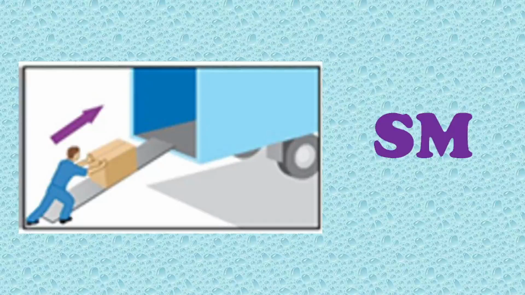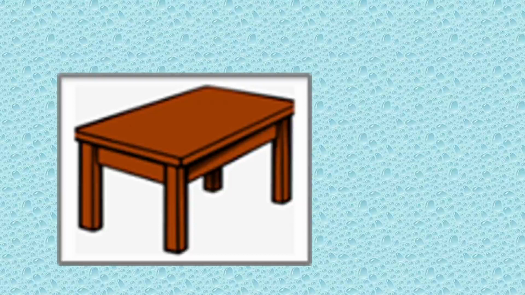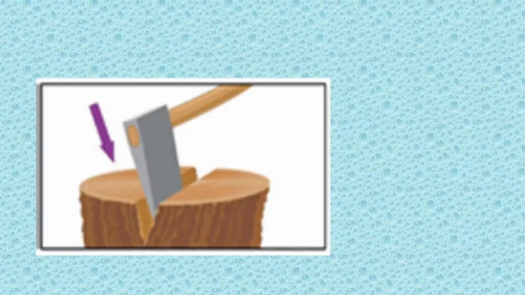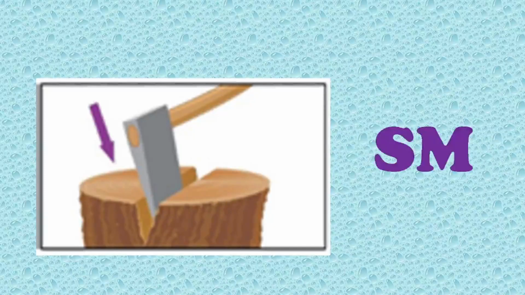Good. This is a simple machine. Table is not a simple machine. An axe is a simple machine.